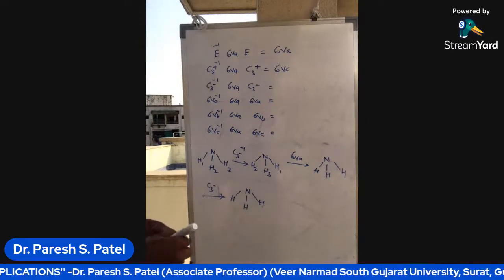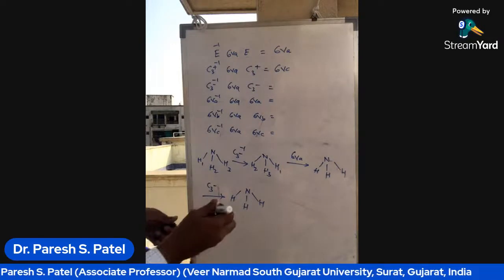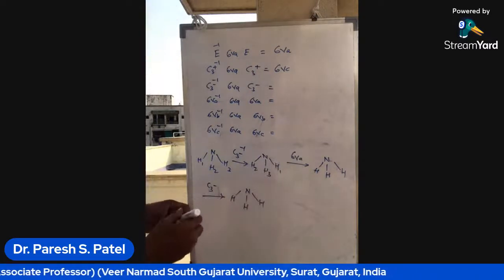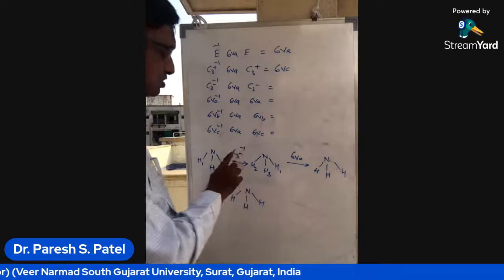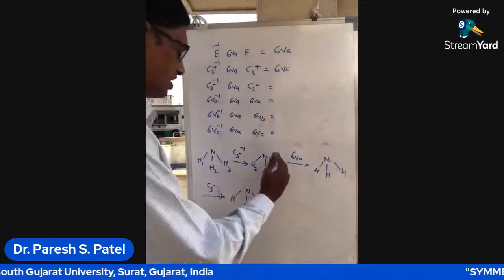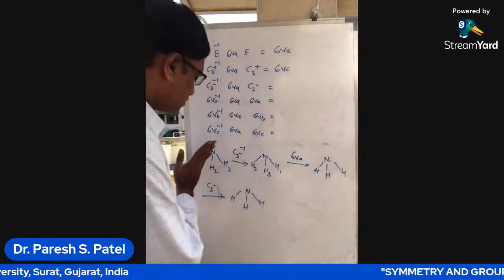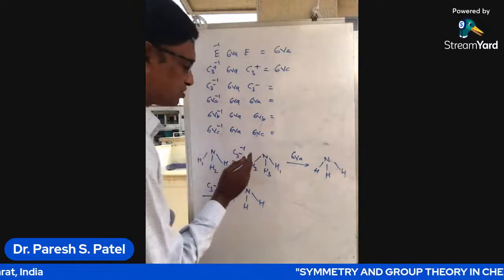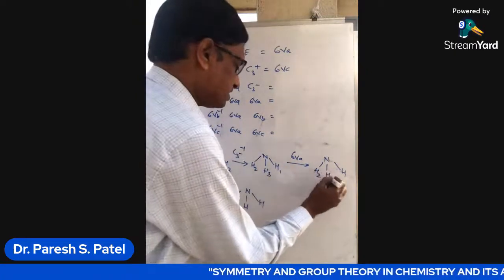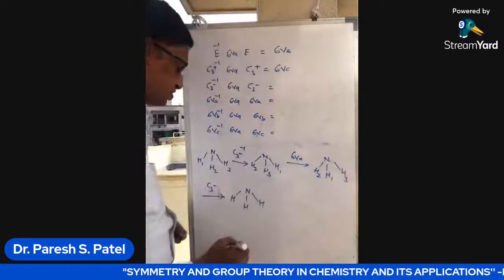This is the one time clockwise rotation. Then if we operate sigma Va, this is rotation followed by the reflection. It means this is the position of hydrogen 1. So hydrogen 2 remains as it is, and 1 and 3 are interchanged.